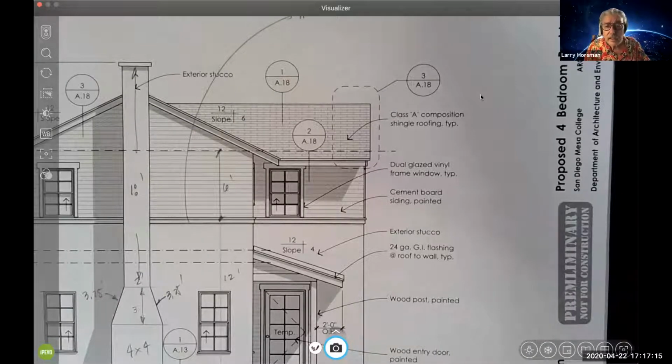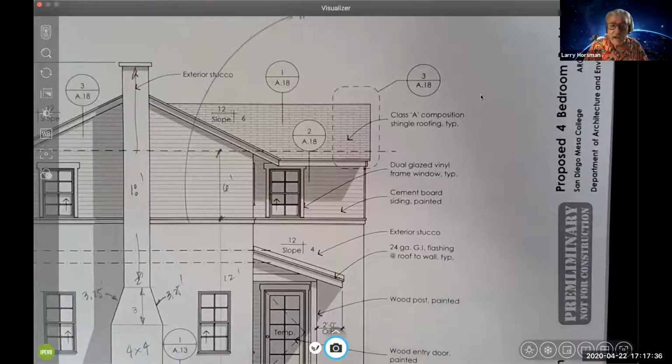So that's another one where you're just going to have to probably take a guess. We're using cement board siding, so I guess you could make that out of cement board. It could be a wood trim, could be a vinyl trim. I just have to make an assumption or trim by others and exclude it from the contract.